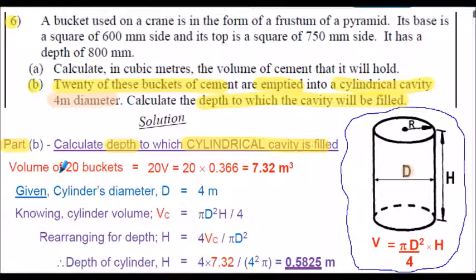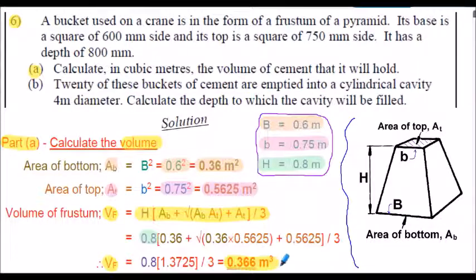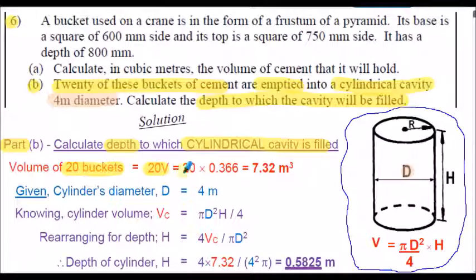So the volume of 20 buckets will be 20 multiplied by the volume calculated on the previous slide, which is 0.366 meters cubed. So 20 multiplied by 0.366 is 7.32 meters cubed. That's the total volume of concrete that will be pouring into this empty cylindrical cavity. So knowing the diameter D is 4 meters, knowing the volume formula for a cylinder is pi d squared h divided by 4, we can rearrange the equation to find the depth or the height h.